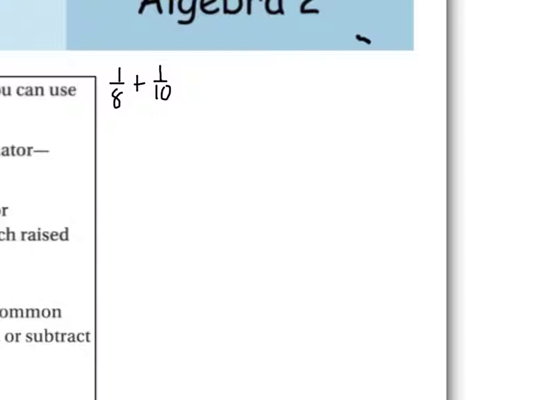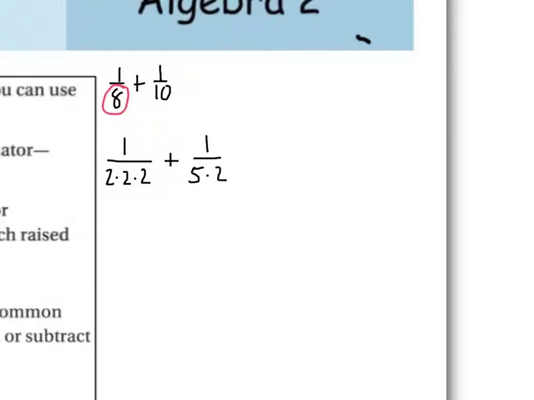So the first thing you're going to do is factor our denominators. I want to factor 8 as far as I can. So I've got 1 over 8. 8 is 4 times 2, but 4 is 2 times 2, so therefore 8 is 2 times 2 times 2. And then 10 is 5 times 2.